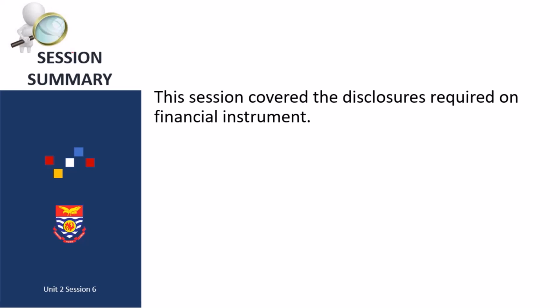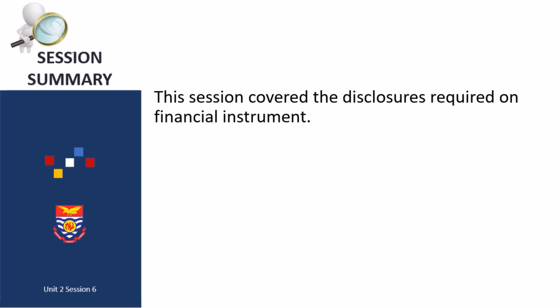There we looked at the definitions of financial instrument and its component parts. We've looked at what is meant by compound instrument, and then we moved on to define the various elements of the financial instrument: financial asset, financial liability, and equity instrument.